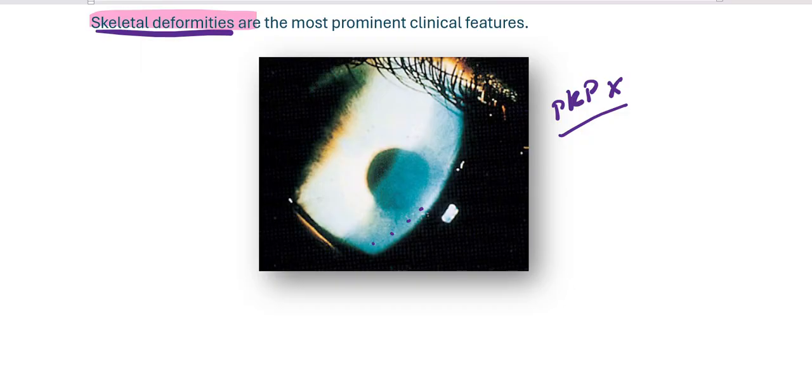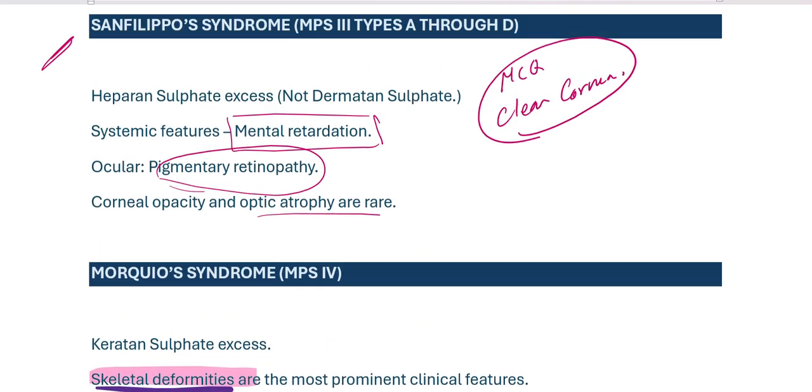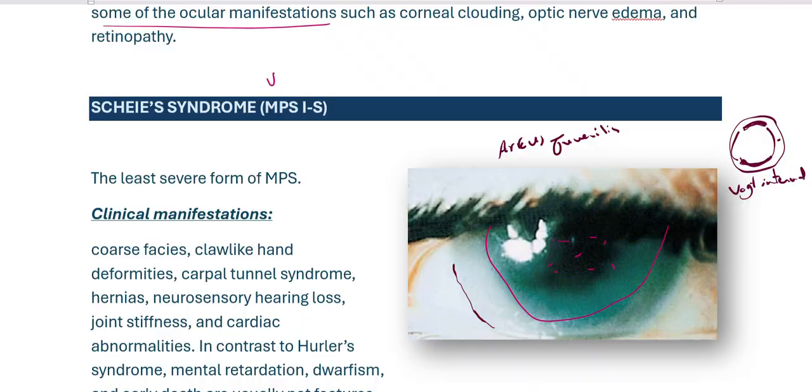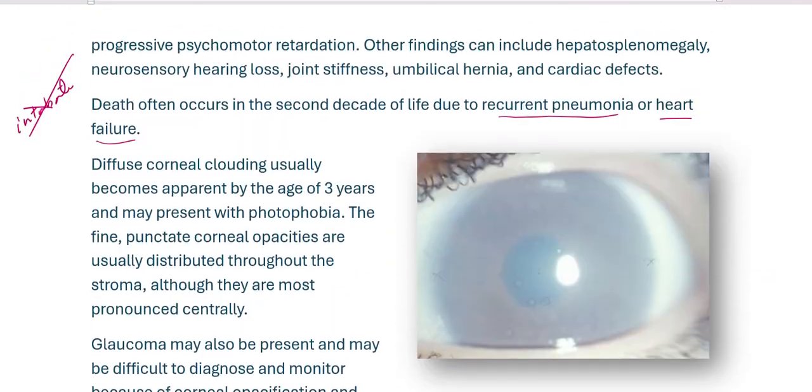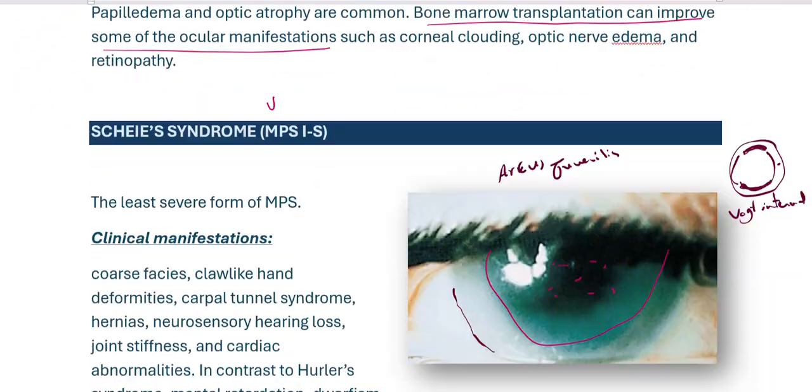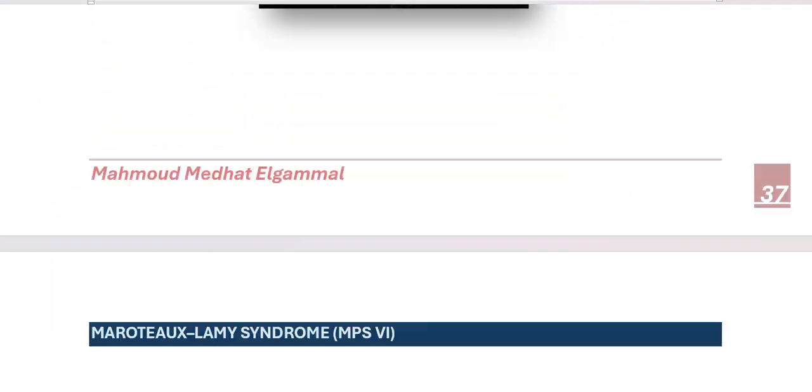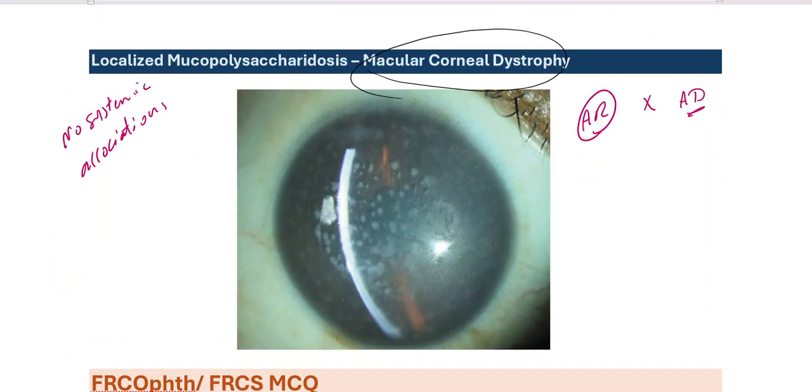If you look here at the photos of corneal opacities in all these mucopolysaccharidoses, they look exactly like macular dystrophy. They are nearly the same: grayish deposits and intervening cloudy cornea.